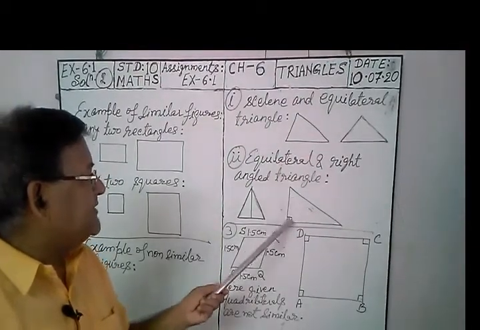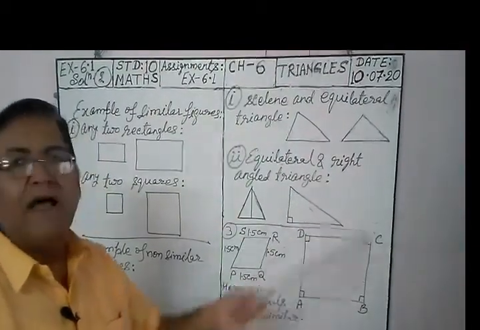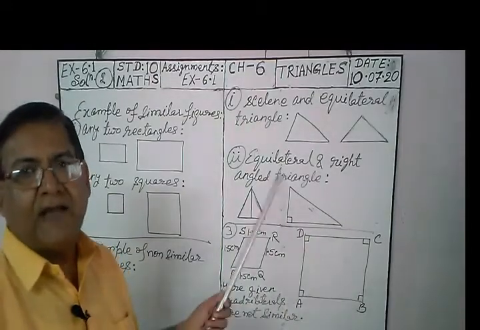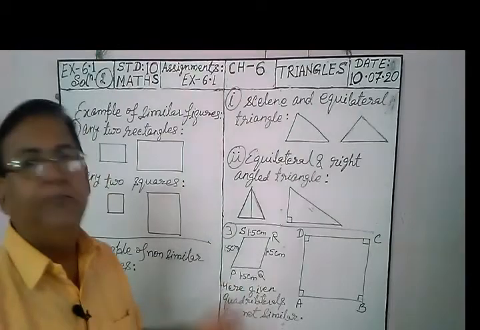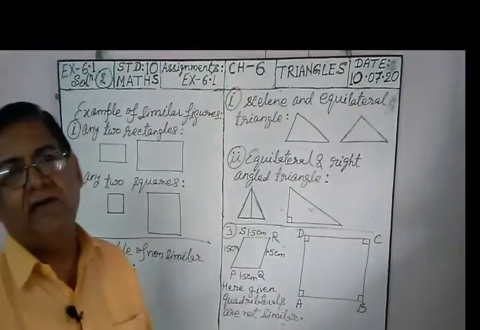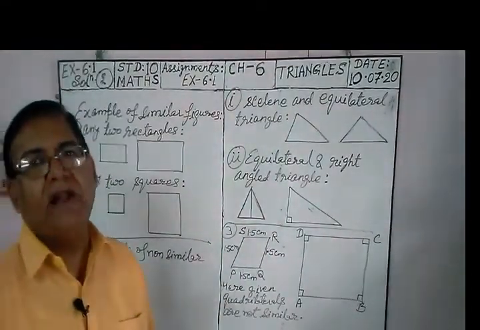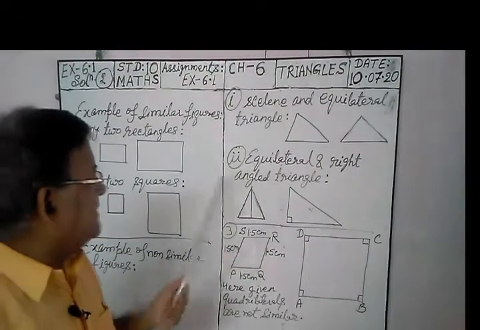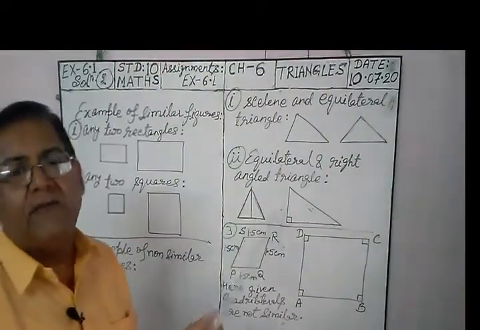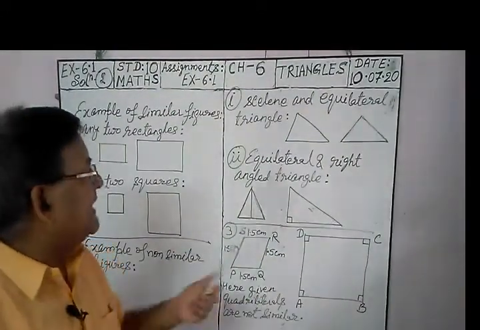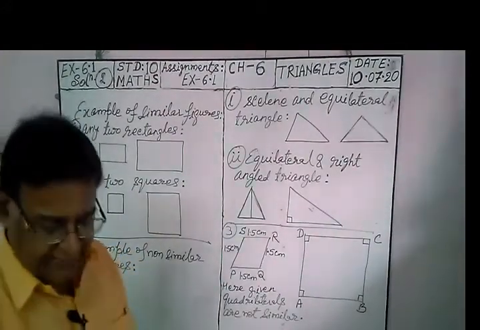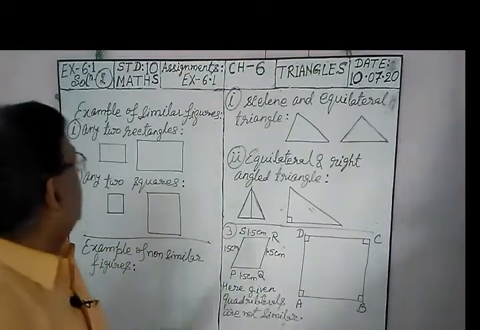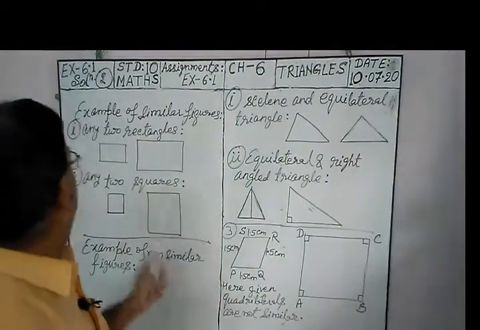Depending upon this 90 degrees, the sizes of the different sides and the angles will also change. The other two angles may or may not be equal, but one angle will be 90 degrees, which is not the condition in the equilateral triangle. So this is again an example of non-similar figures. This is all about sum number 2.